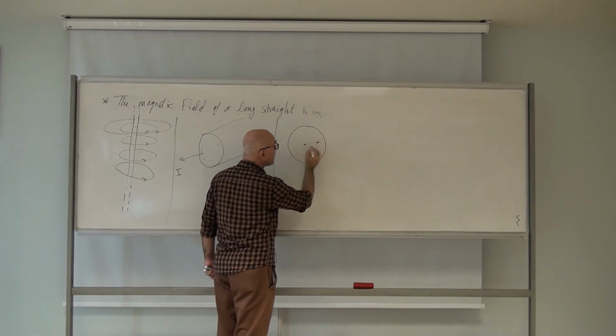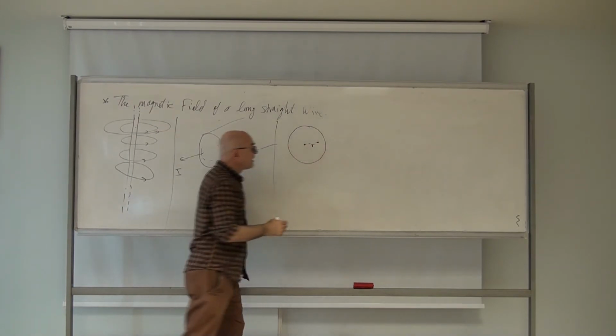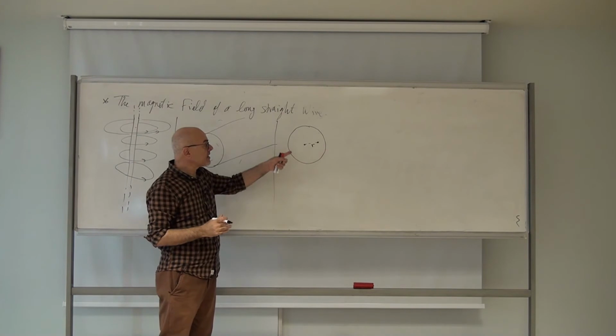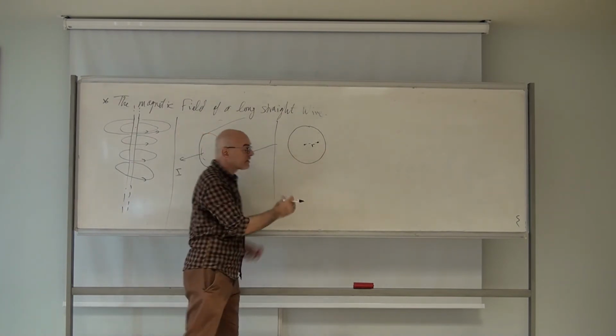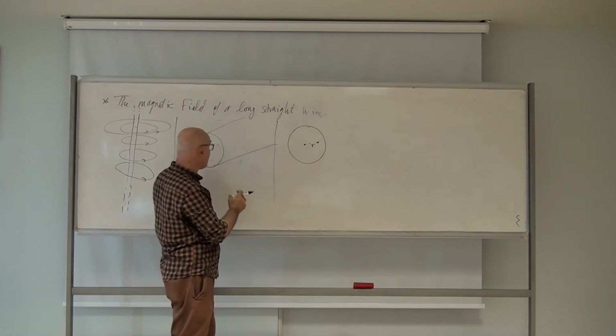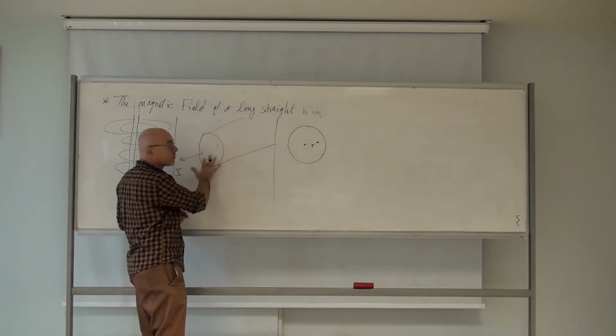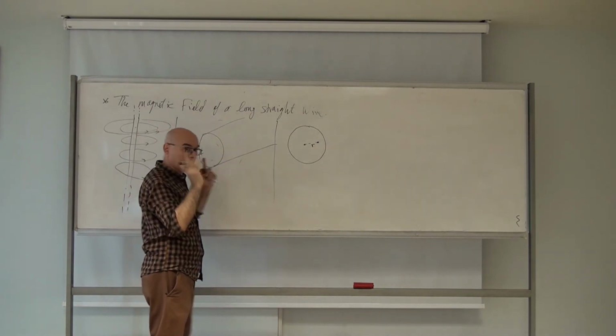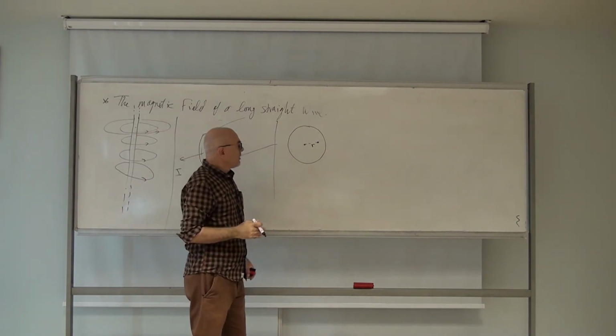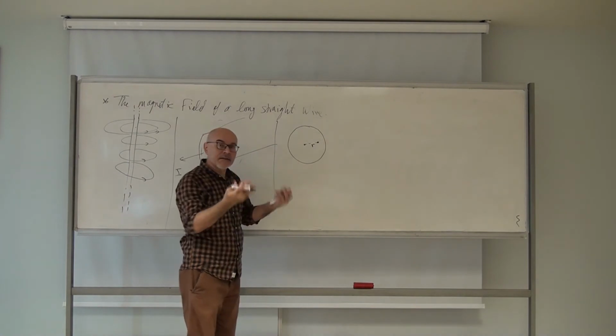I want to find the magnetic field inside it at a distance r from its center. Again, there is a current I, which is uniformly distributed over the surface of the cross-section of the wire. This is piercing the wire. Keep this in mind. Now I will repeat the same algorithm.